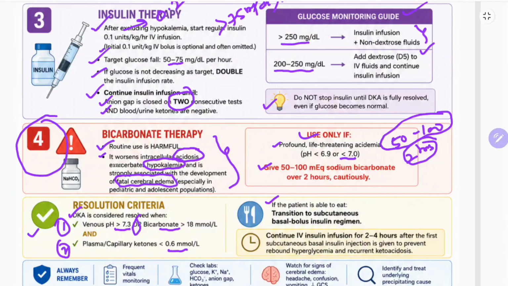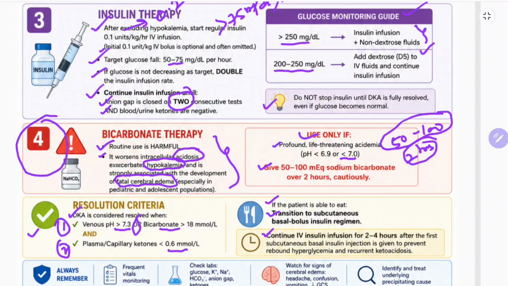If the patient is able to eat, transition to a subcutaneous basal bolus insulin regimen is required. When should you give basal bolus insulin? When the patient is able to eat, give it subcutaneously, before stopping the IV insulin.